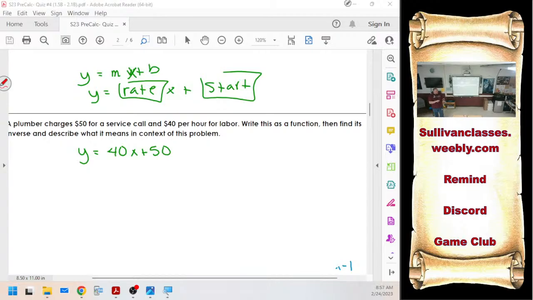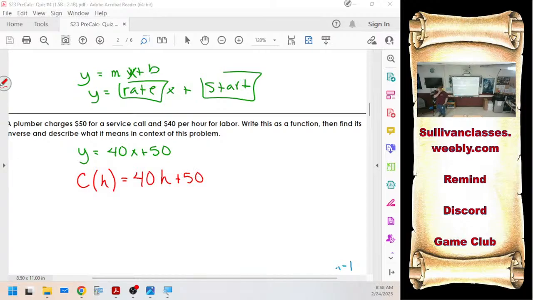Not just money. Money for what? The total cost of the job. I would like to write this as the cost in terms of hours. I name the function C because the function is getting me the cost. And then I'm going to say that's $40 per hour plus 50.